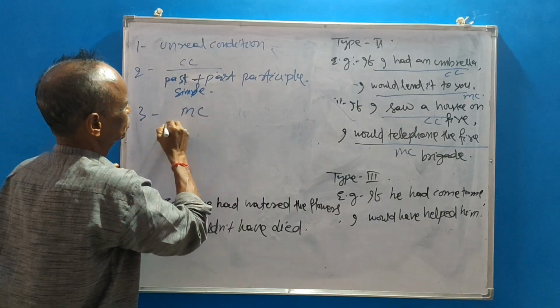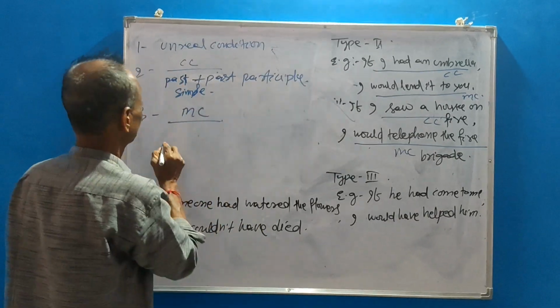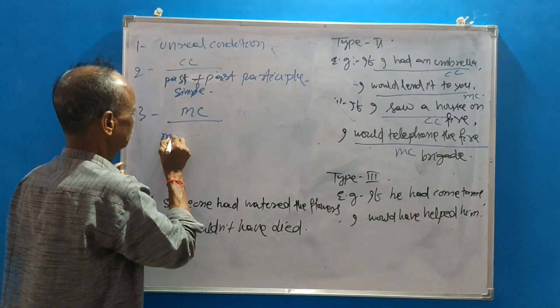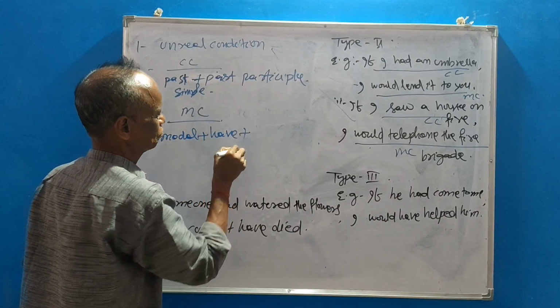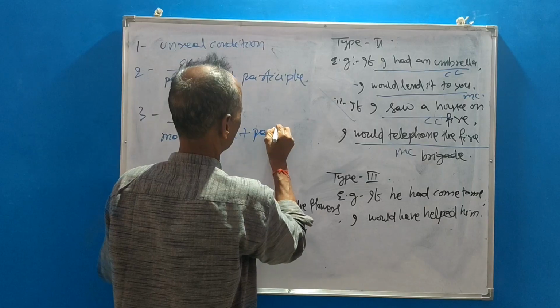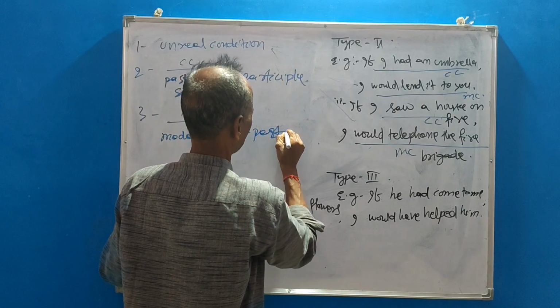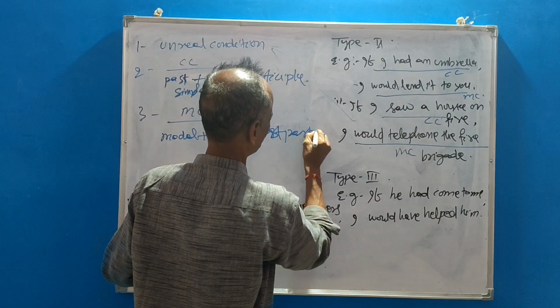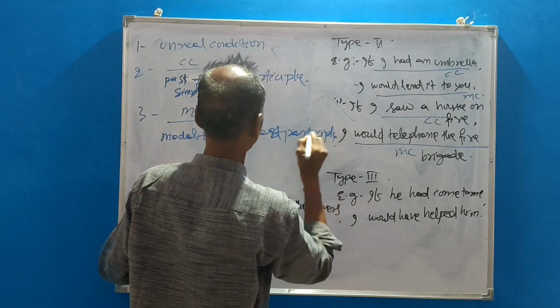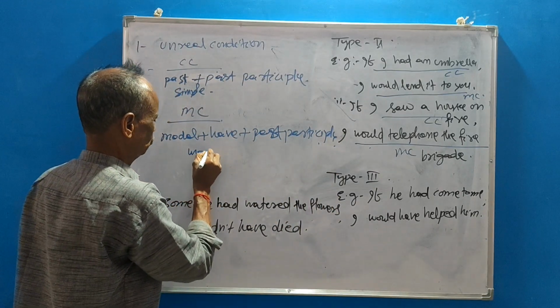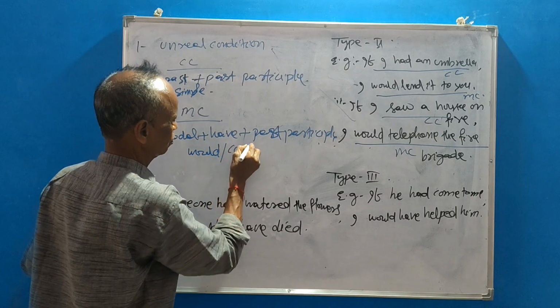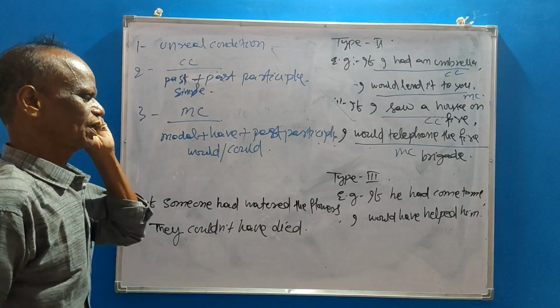Main clause: modal plus have plus past participle. Modals like would or could.